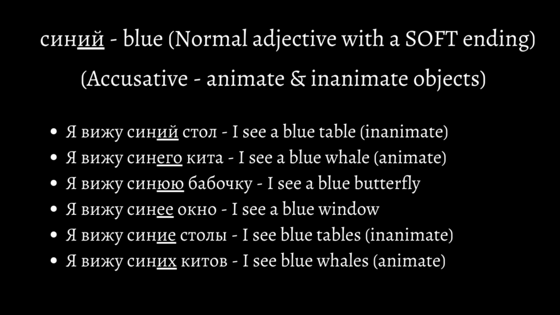Я вижу синий стол, я вижу синего кита, я вижу синюю бабочку, я вижу синее окно, я вижу синие столы, and я вижу синих китов. The endings perfectly match the adjectives and nouns because they're all in the accusative, including animate and inanimate objects.